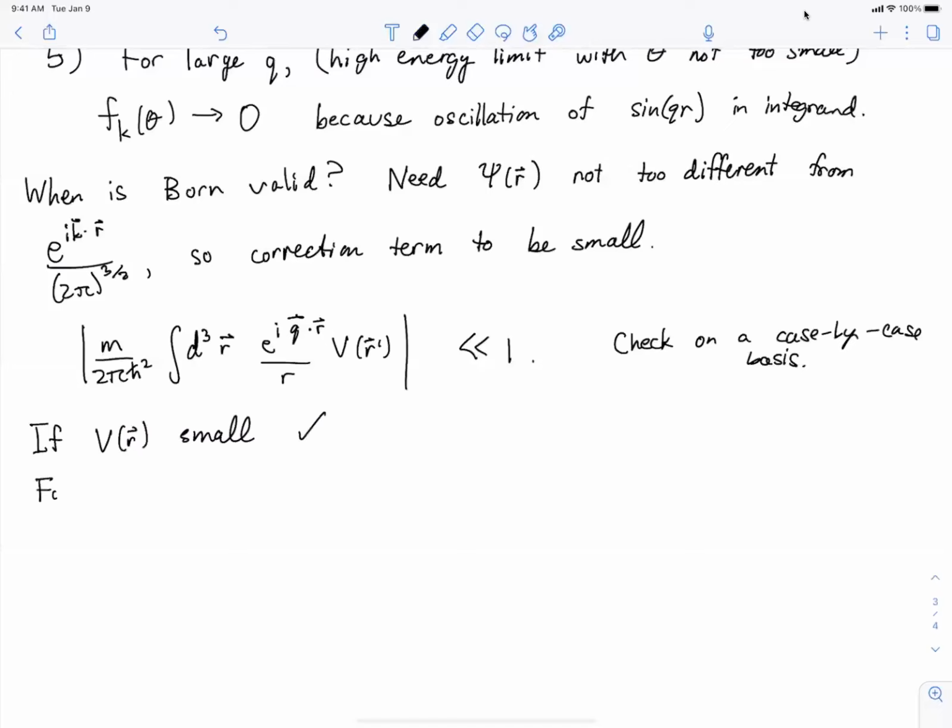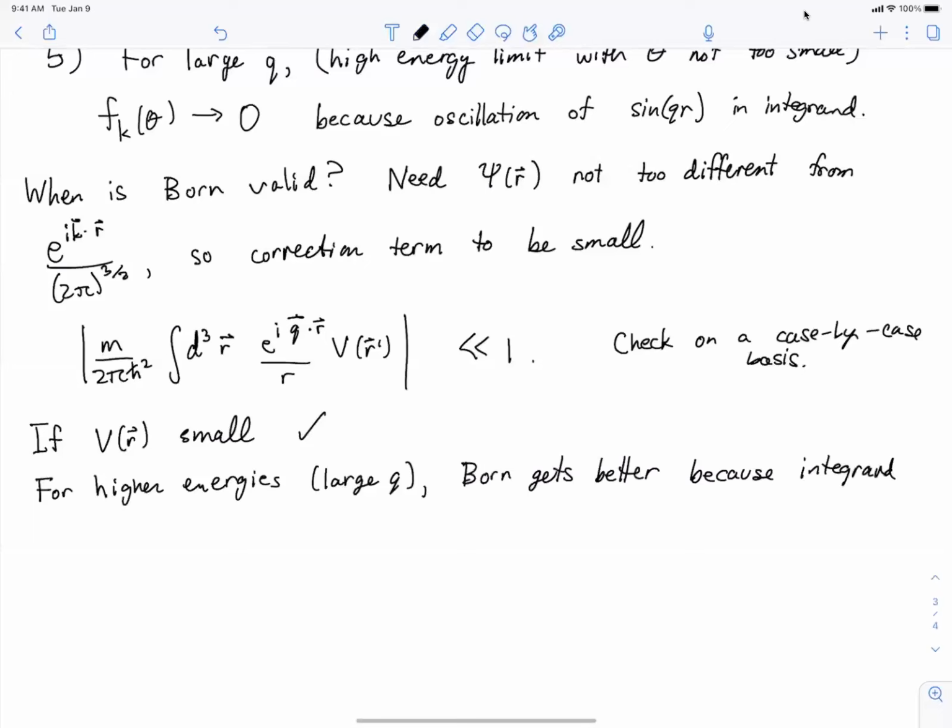And for higher energies, which means large Q, then the e to the i q dot r is sines and cosines, and those will oscillate more and you'll get more cancellation. So the Born approximation gets better and better because the integrand oscillates. It's at low energies that you usually have to worry.